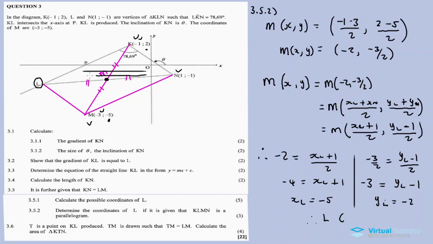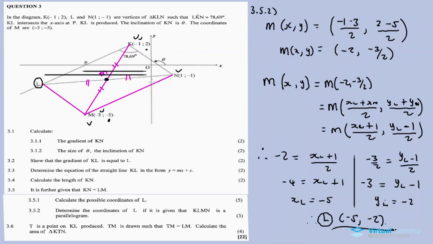I told you x equal to -6 earlier, but anyway, what we have shown is that the coordinates are in fact -5 and -2. So out of the two coordinates as calculated on the previous question, the correct one is L at -5, -2. Now 3.6, the last question.